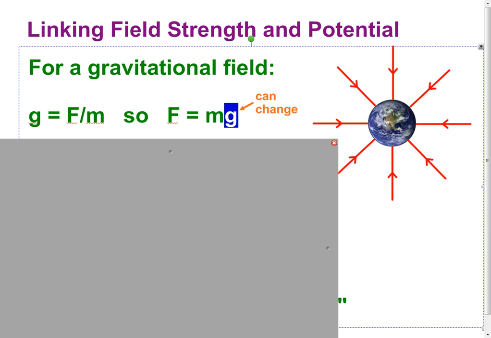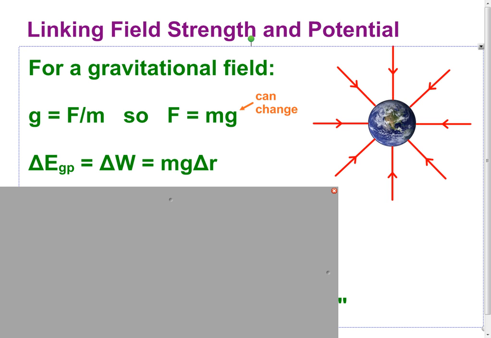If you're not in a uniform field, and this field certainly is not uniform, then g can be different in different places in that field. Okay, so this is our first formula. F equals mg. The gravitational force on our test object equals m, the mass of the object, times g, the gravitational field strength.